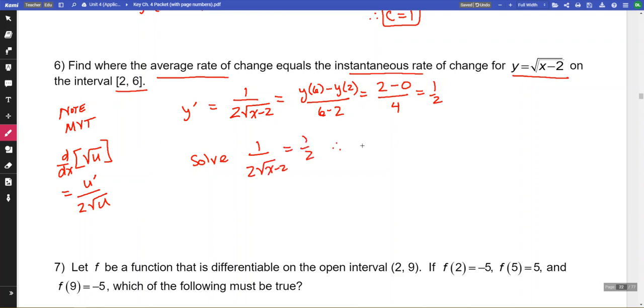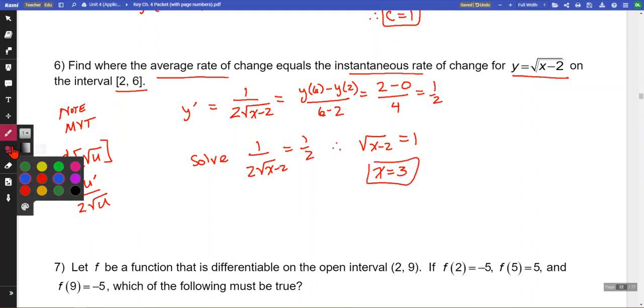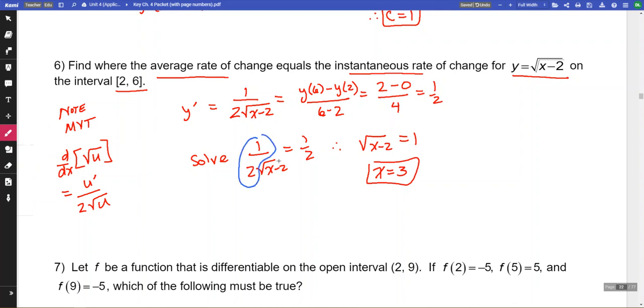So therefore, we need to solve for the square root of x minus 2 being equal to 1. So our solution is when x is equal to 3. What did we do there? Well, notice that I have 1/2 and then I have x minus 2. But I just want the answer to be 1/2, which means the square root of x minus 2 needs to equal 1, which means I need to have the square root of 1. And the square root of 1 will be true if x is 3.